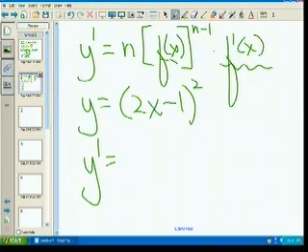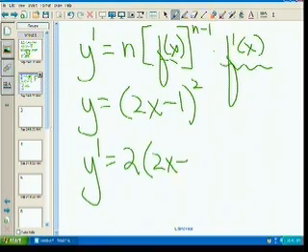Using this extended power rule thought process, the derivative should be what? Tell me what to write down. 2, which is the exponent, times 2x minus 1, the same inside function to the first, one degree less, times 2.